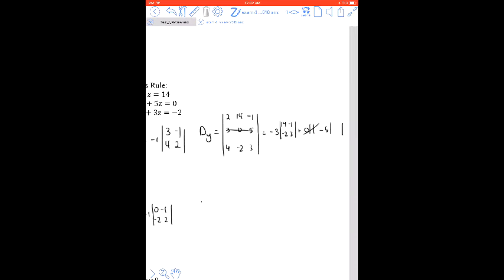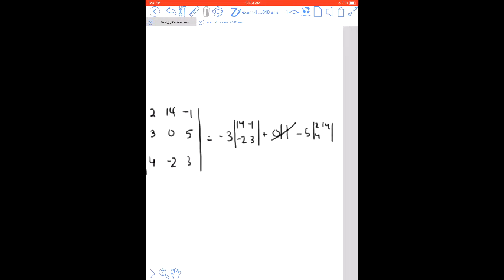If I cross out the row and the column containing the 5, I get 2, 14, and then 4 and negative 2.